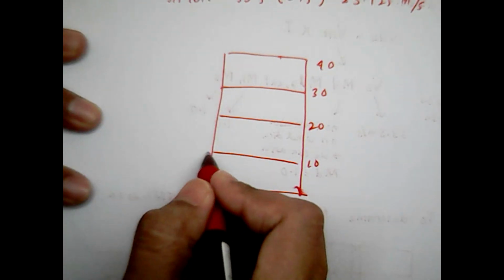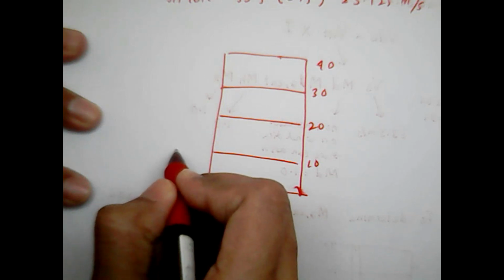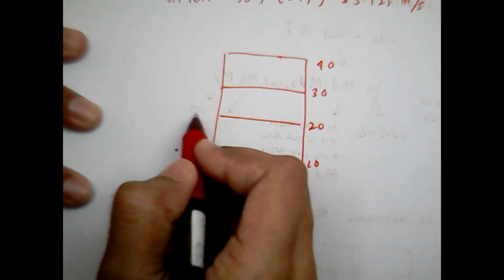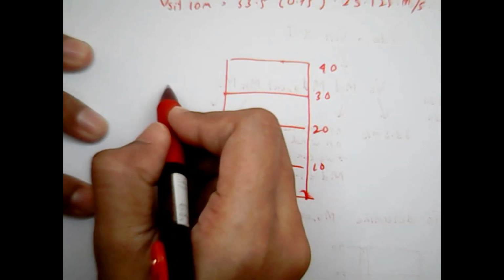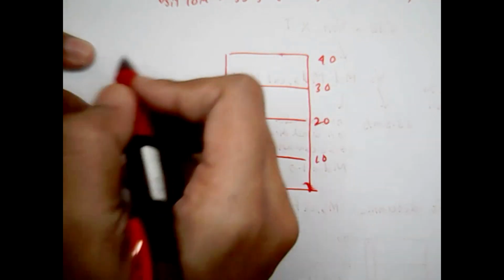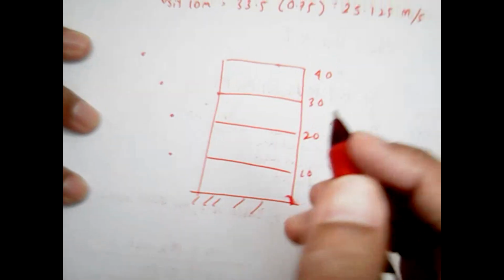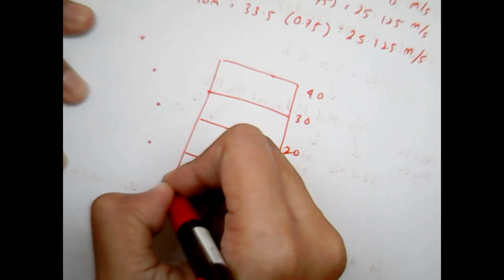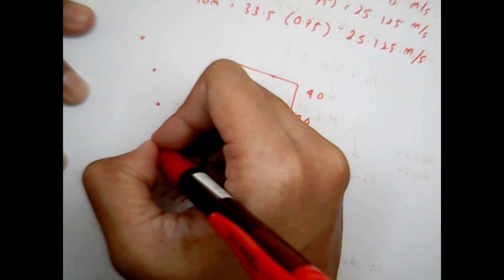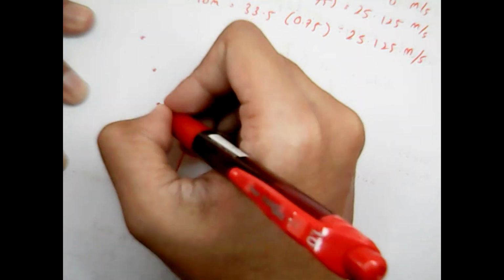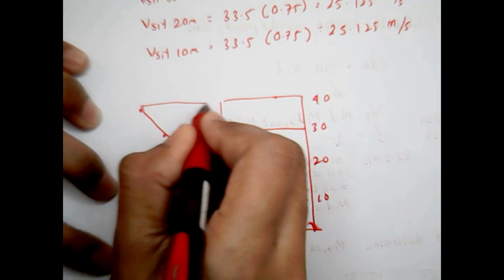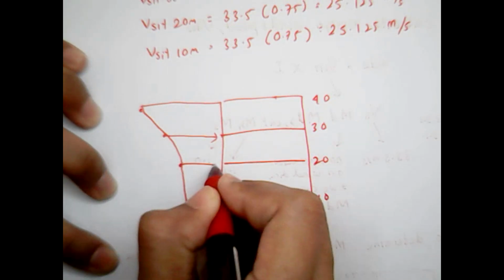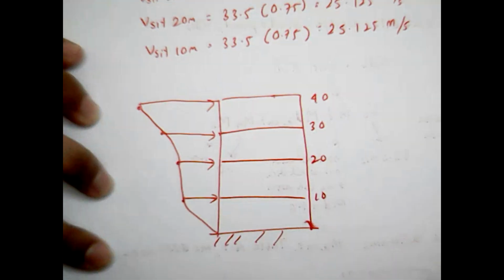At 10 meters it is like 25, at 20 meter the same, 25, at 30 meter it can be 26, and at 40 meter it's like 28. So your structure could have continuous distributions. Those are the wind speed distributions on your structure.